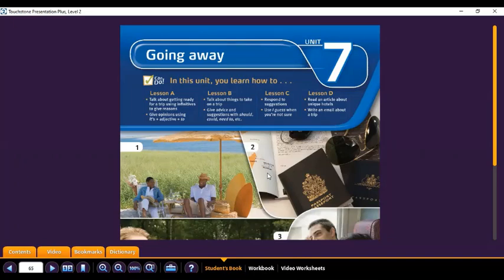The first one would be that you are gonna talk about getting ready for a trip using infinitives to give reasons. Okay? Number 2, we are going to give opinions using it's plus adjective plus to. And then we are going to learn how to talk about things to take on a trip.